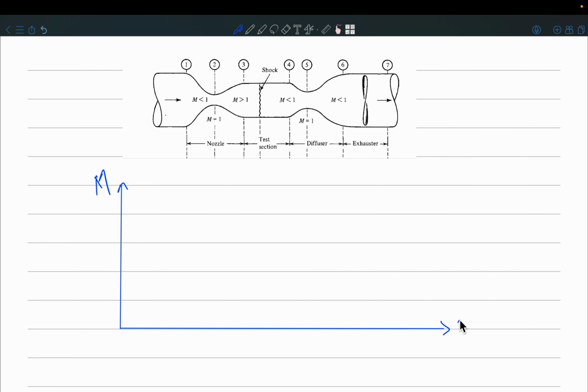I'll just say this is x, or position in the wind tunnel, and this is section 1, this is section 2, 3, 4, 5 is the diffuser throat, and this.